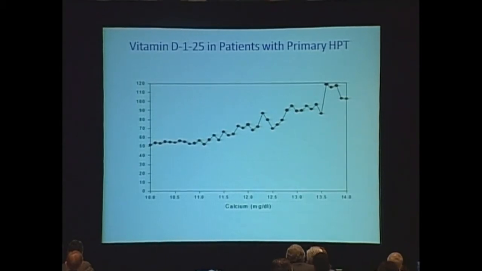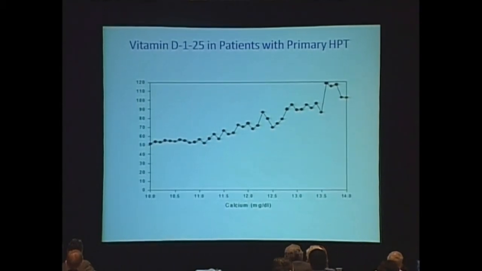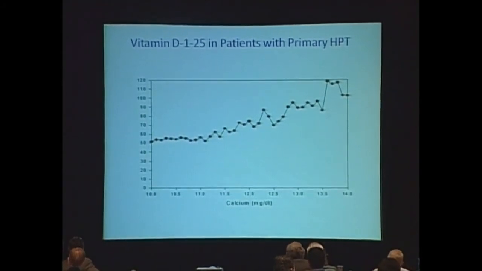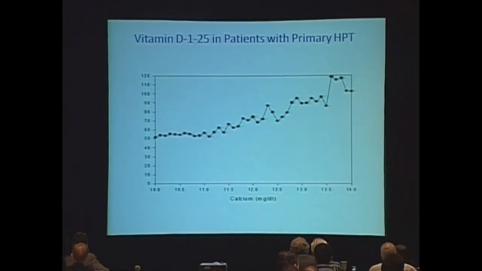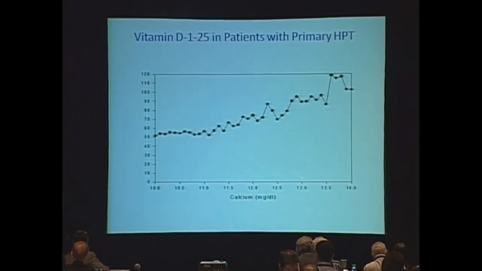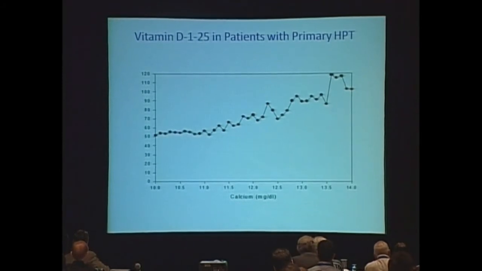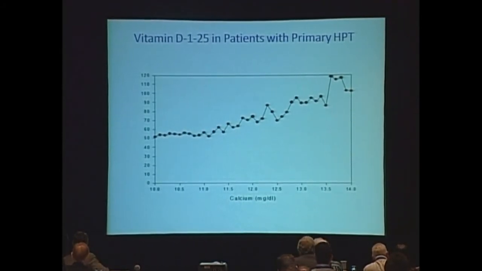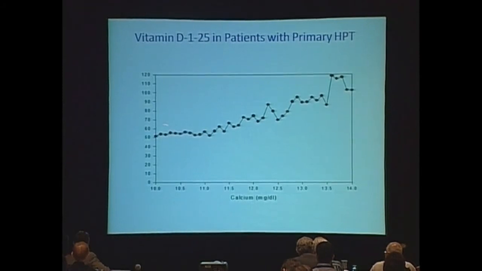Not hyperplasia. Now, what we don't show here is we have another graph showing that previous thing where as the calcium goes higher, the vitamin D25 goes down and 125 goes up. We have another graph that I don't have here, but it shows as the x-axis is changed to years of calcium greater than 10.2, the same thing happens.